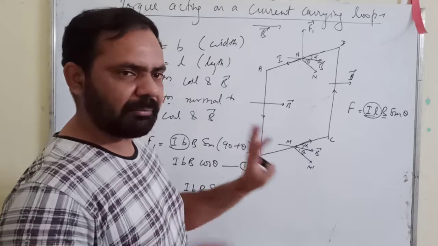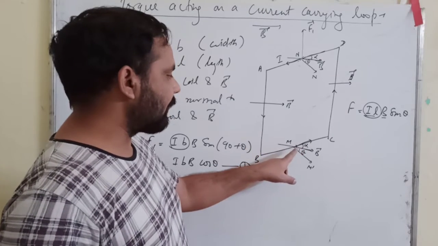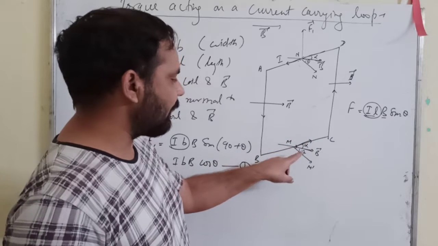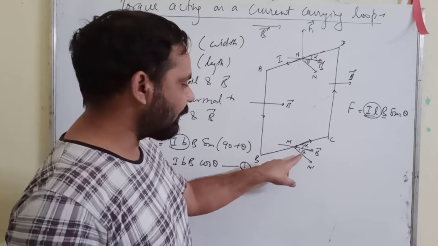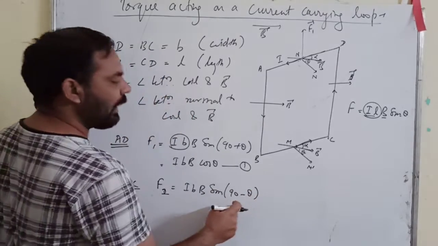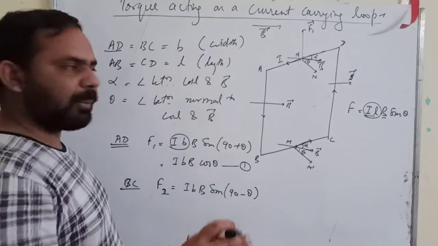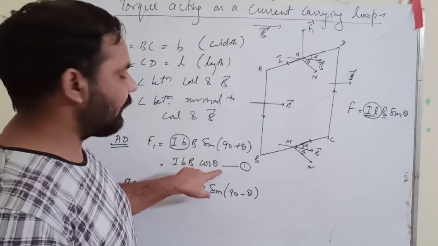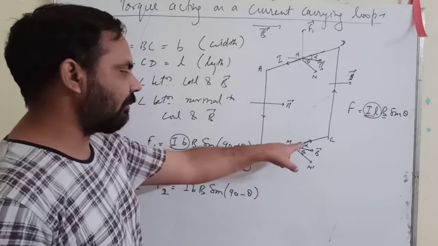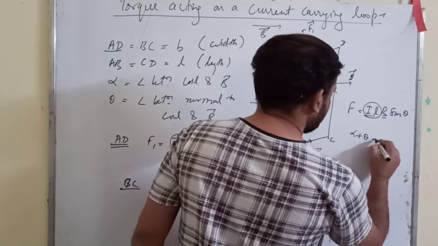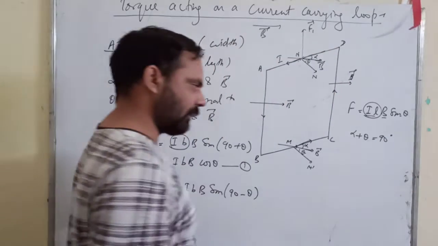Suppose you have only angle theta, then you can say that the angle between IL vector and B vector is 90 minus theta. Or you can say 90 minus theta is alpha. But since we are finding the values in terms of theta, so we can write for alpha, 90 minus theta, because alpha plus theta equals 90.